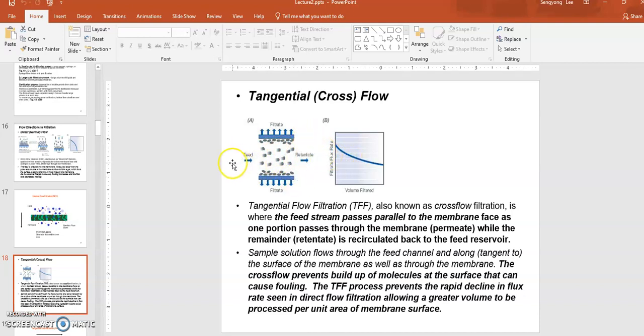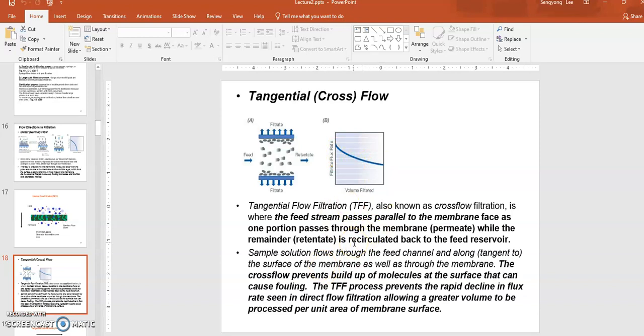Since the main force will sweep them away, there will be much less clogging and they will be washed away. So there will be continuous filtration happening, although it may take a long time to filter most of the material. So tangential flow filtration would not present you with the clogging or dead end problem.